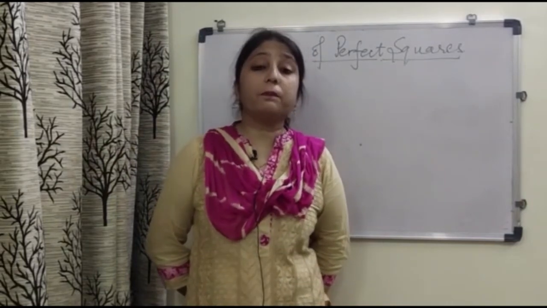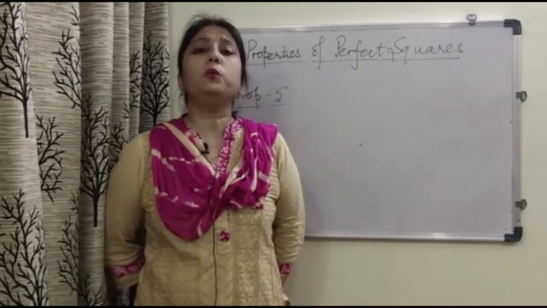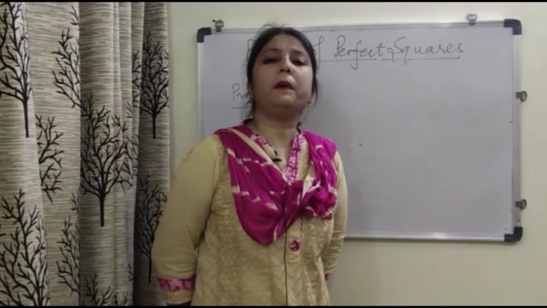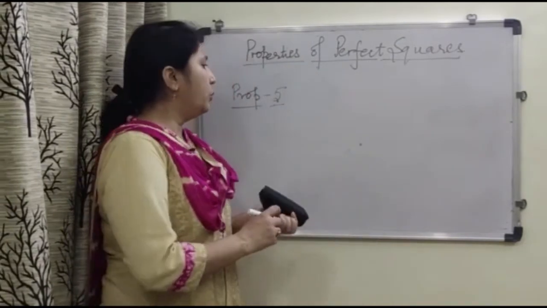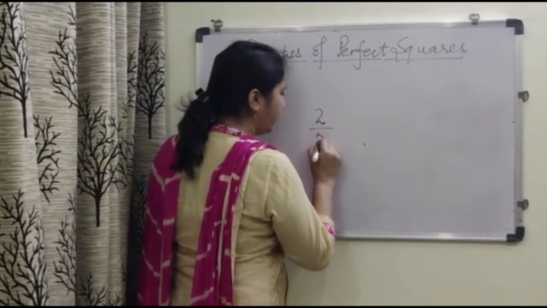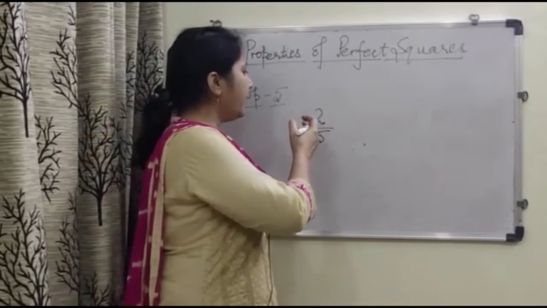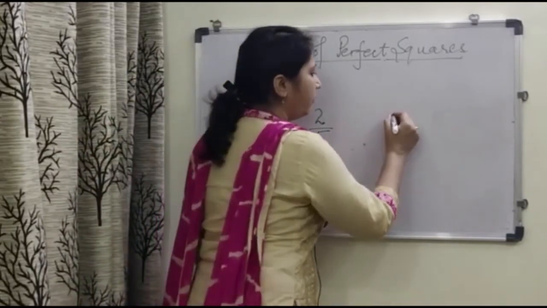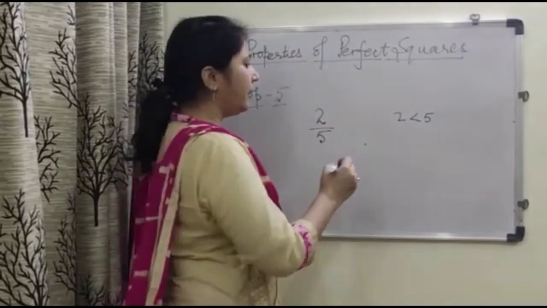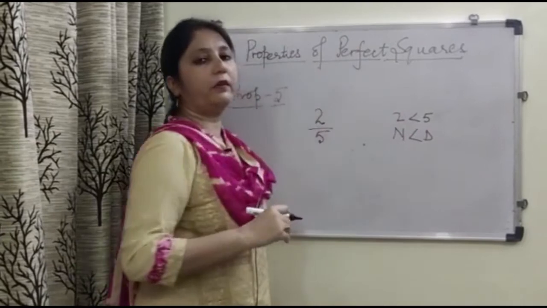First thing, what is a proper fraction? A fraction whose numerator is lesser than the denominator. So you pick up any fraction whose numerator is lesser than the denominator. Say I have taken the example of 2 by 5. It is a proper fraction as 2 is less than 5. The numerator is smaller than the denominator. So it is a proper fraction.